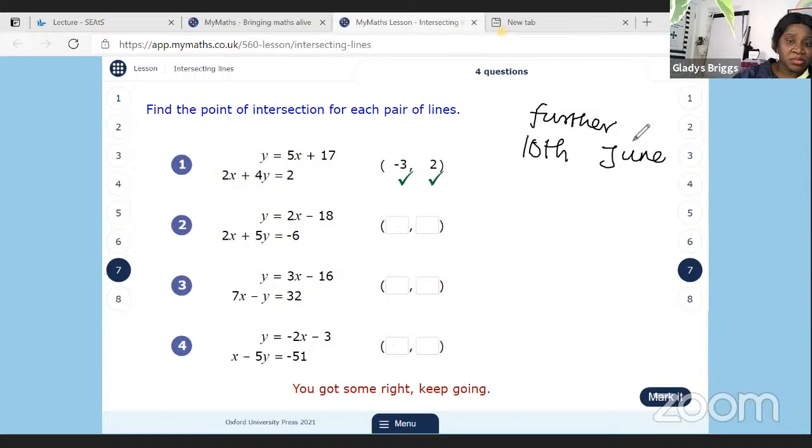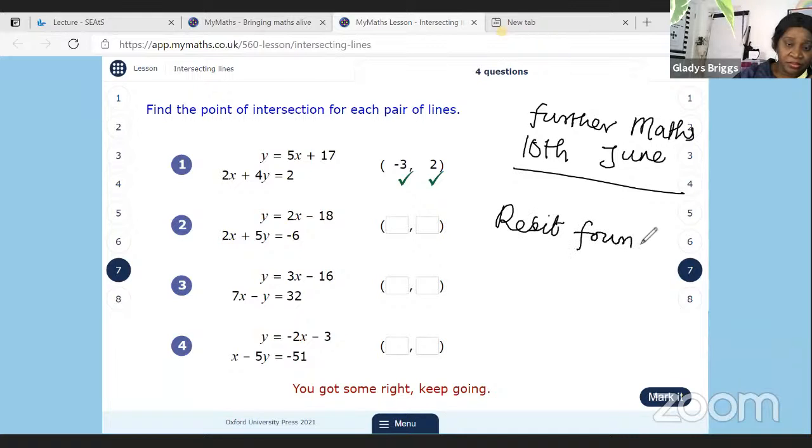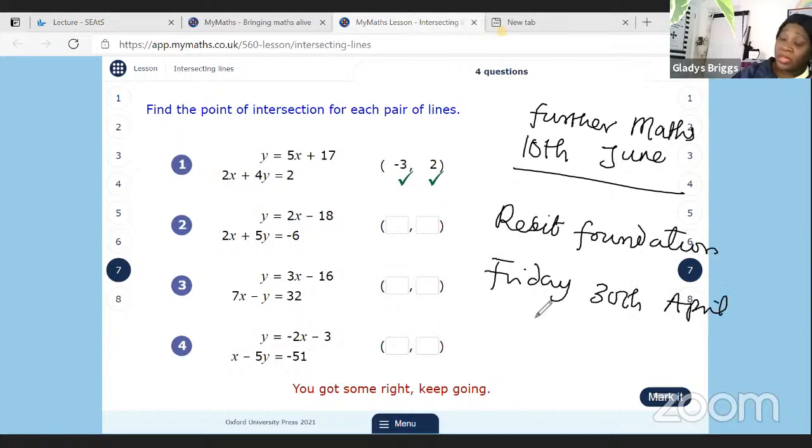That's what I saw in an email that came to me. I don't know, that's to be confirmed. But foundation maths, the receipt foundation is on Friday, 30th April, 9 a.m. prompt.